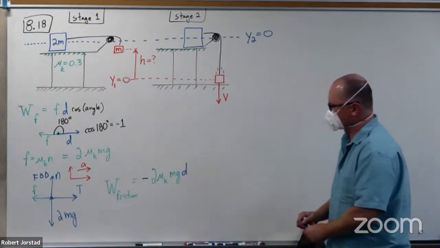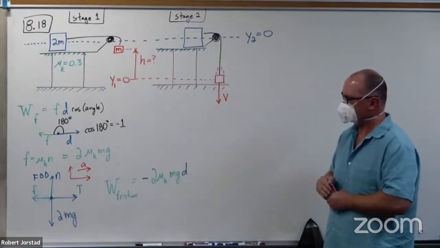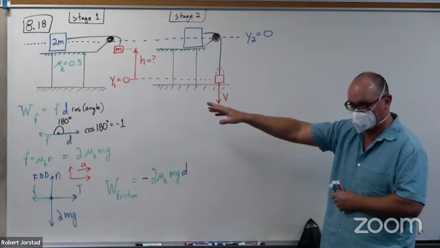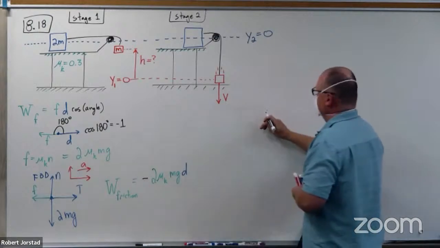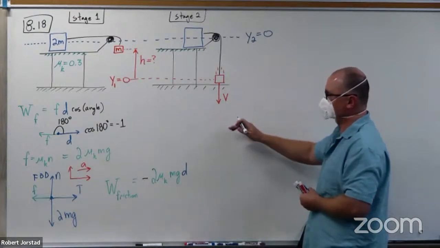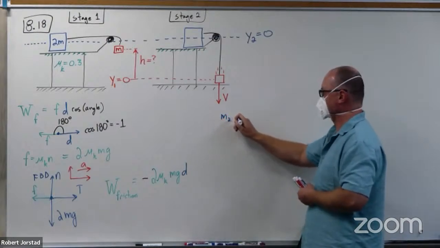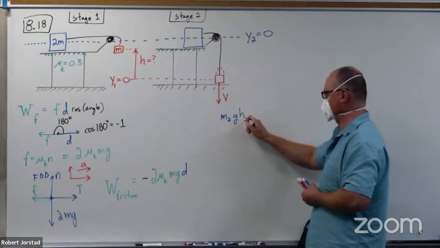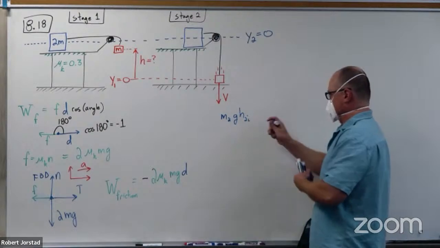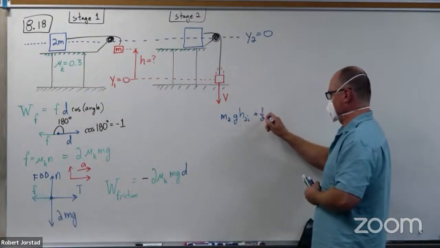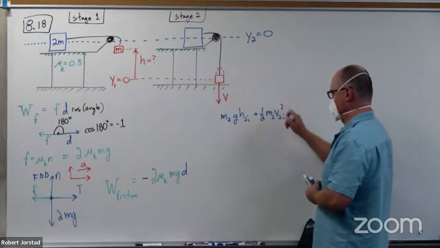Sure. Okay. Next, we have figured out the work done. Let's do our energy equation. Ready? Oh boy, it's going to be a long one. I've got M2 g h2 initial plus 1/2 M2 v2 initial squared.